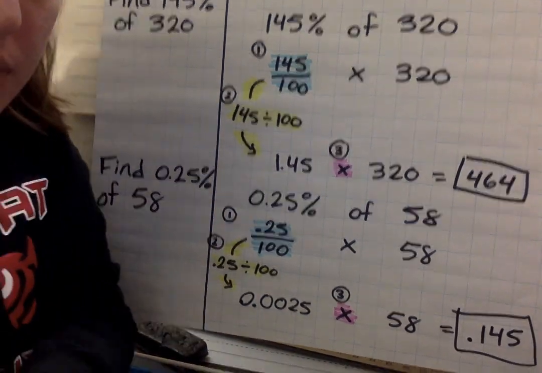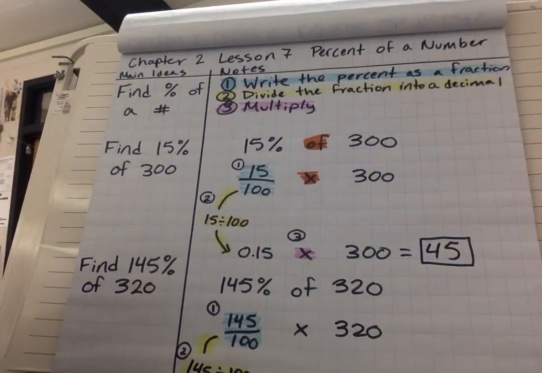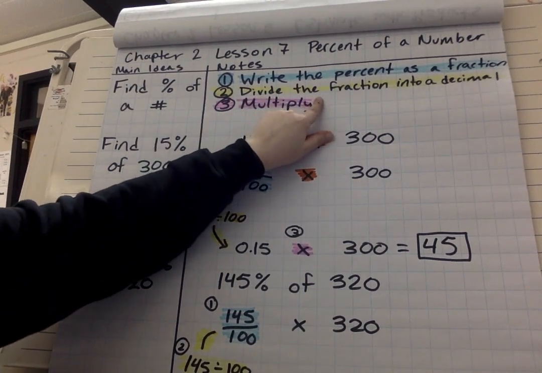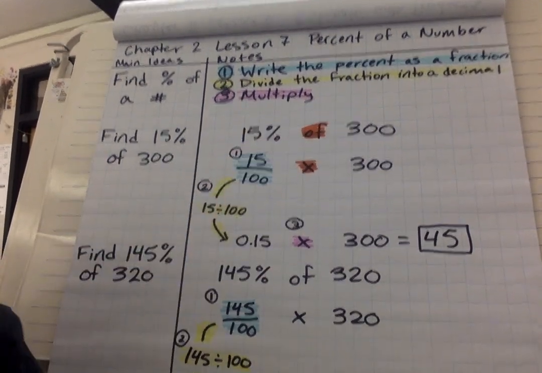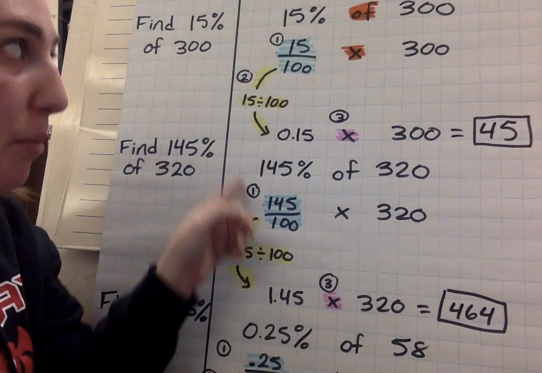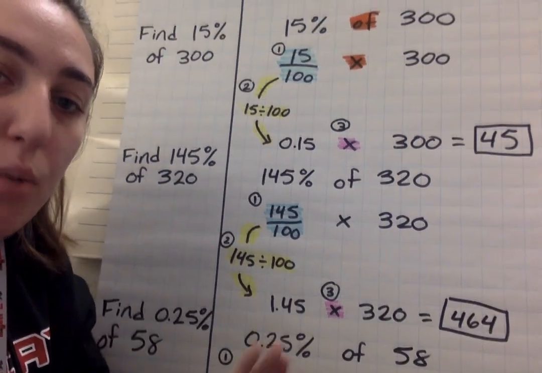Okay, so to review, we have 3 simple steps, which are up here. We're going to write the percent as a fraction, divide the fraction into a decimal, and then multiply. If you do these 3 steps every single time, you'll be able to solve for percent of a number in any type of problem scenario.